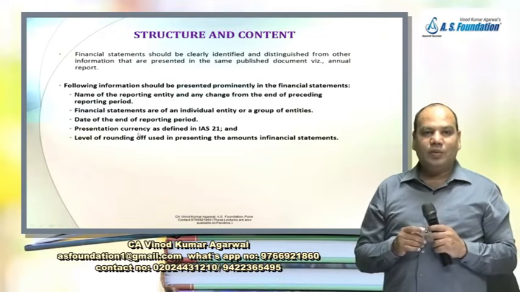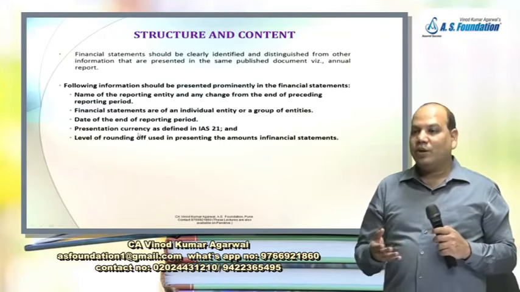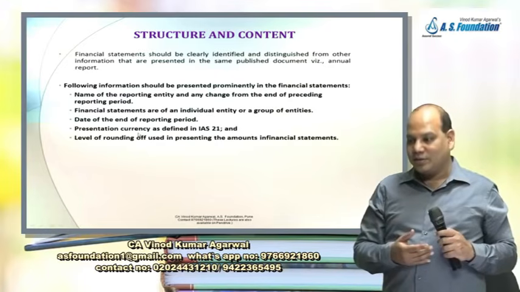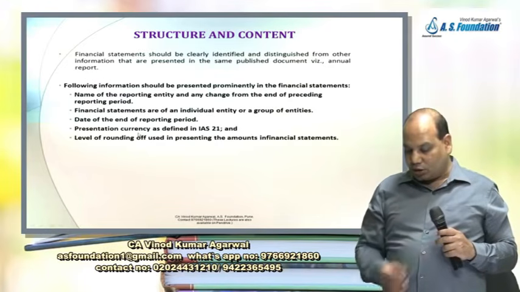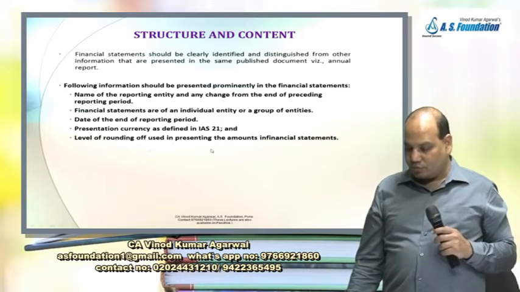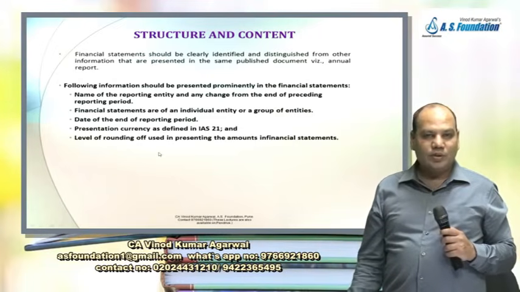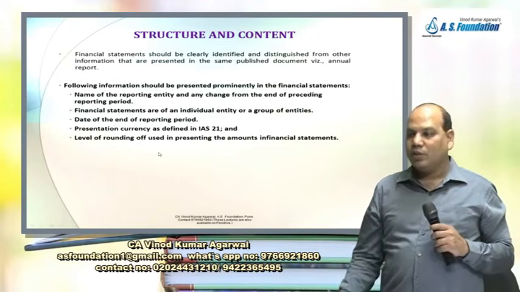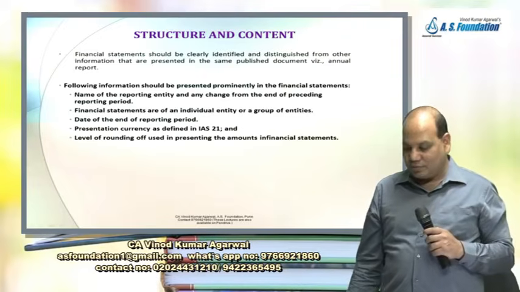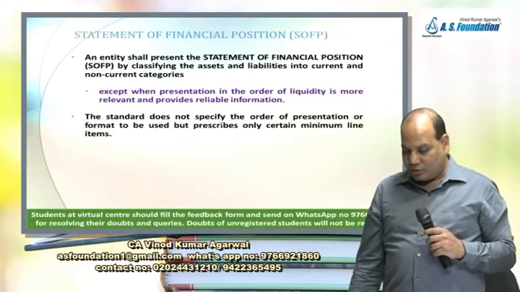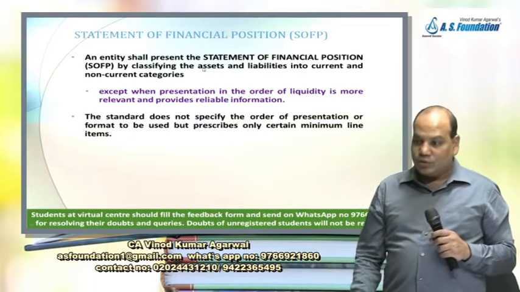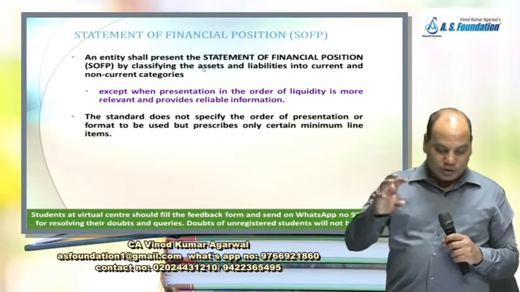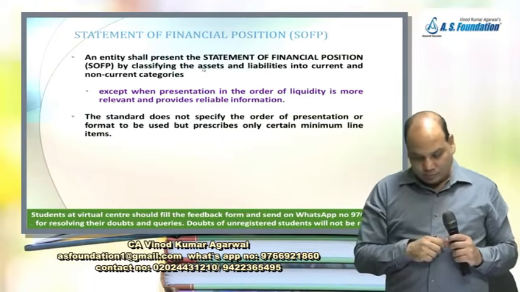If it is prepared in pound and it is not mentioned, how will the investor understand? And the level of rounding off used. Level of rounding off used is simple, whether you have written in thousand or million or billion, whatever. Okay. So these are must. You have to give these so that the investor can understand better.